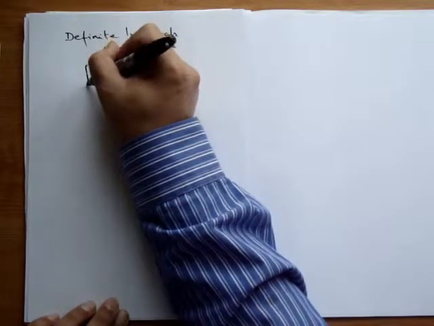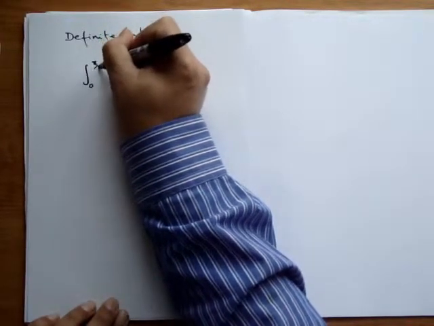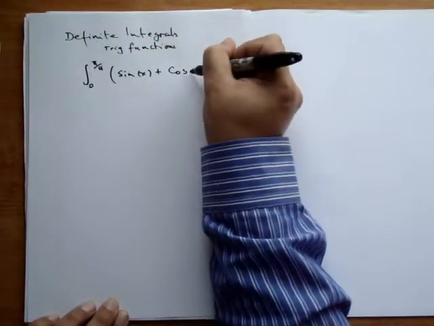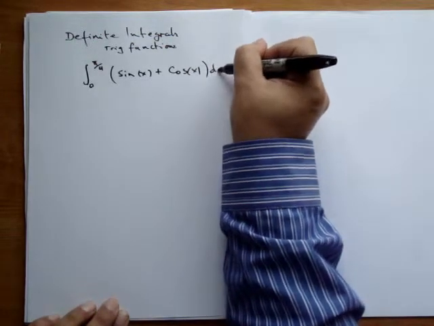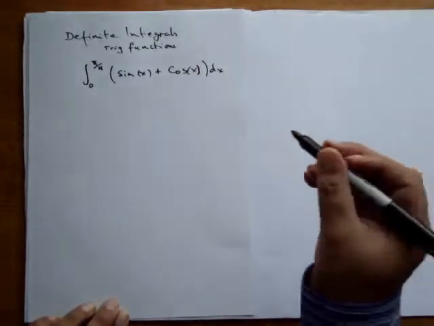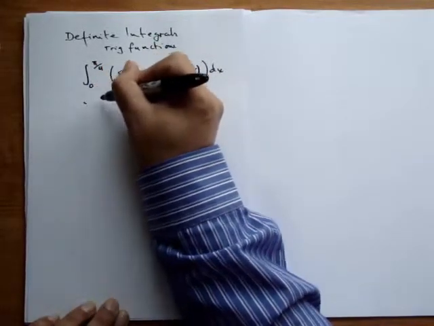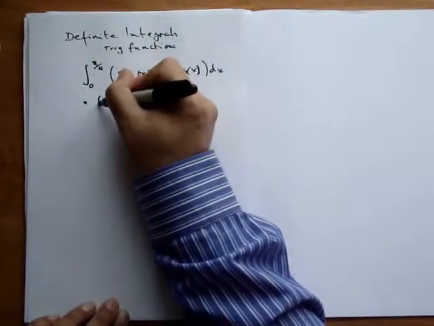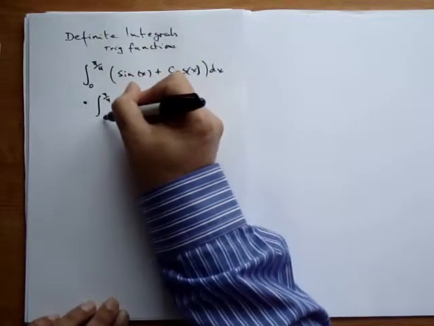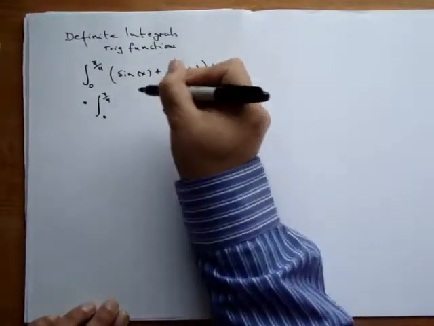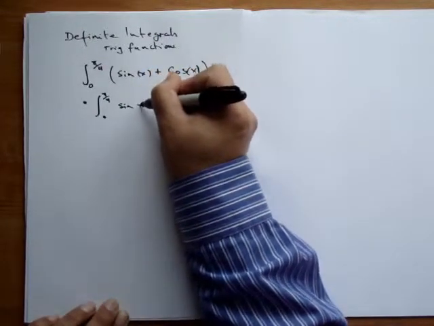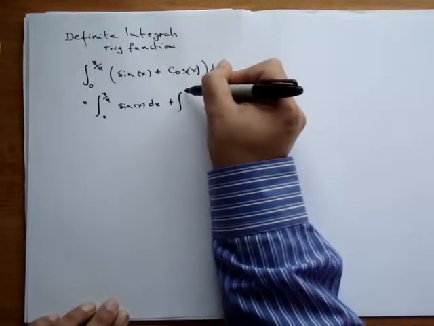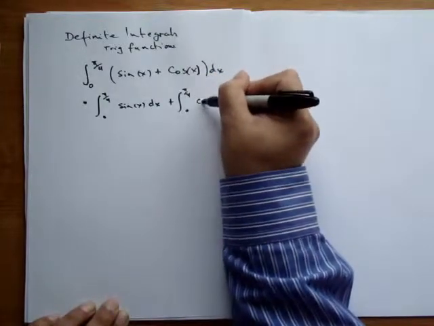So if we have the definite integral between 0 and pi over 4 of sine x plus cos x dx, we can split this into two, so that would be the definite integral from 0 to pi over 4 of sine x dx plus the definite integral from 0 to pi over 4 of cos x dx.